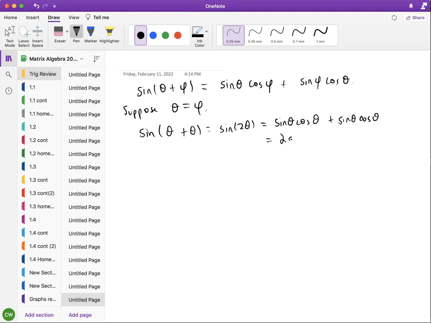It's actually 2 sine theta cosine theta. So here's a double angle formula: the sine of double an angle is 2 sine theta cosine theta.